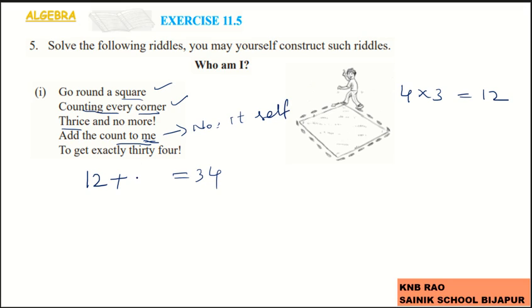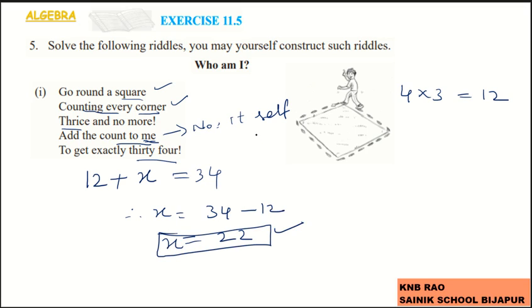So, let that number be x. So, 12 plus x equals 34. To get exactly 34 means equal to 34, therefore, x equals 34 minus 12, it implies 22. So, the value of x is 22, that value of the number is 22.